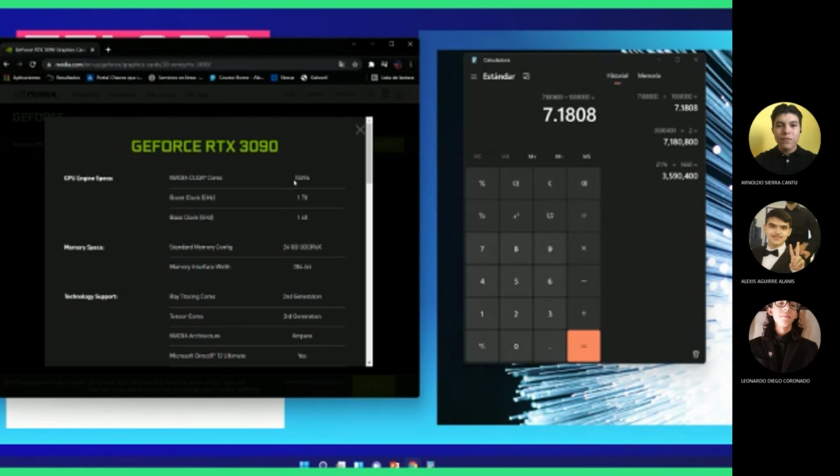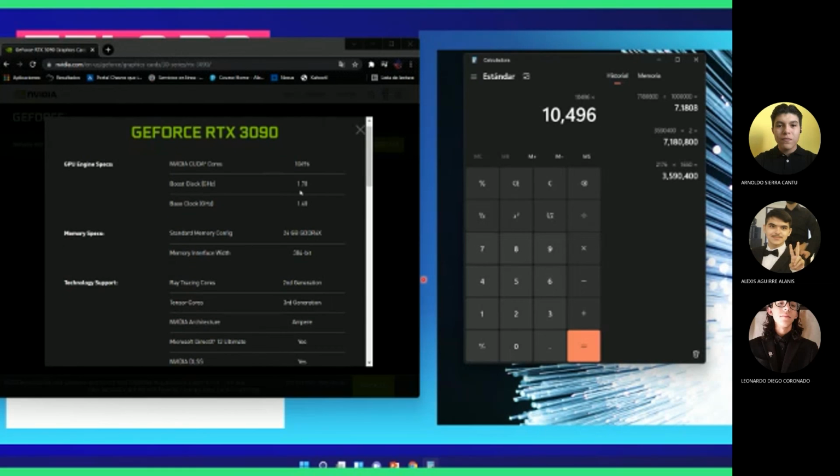Beautiful specs. 10,000 cores, 1,700 times 2, and this divided by a million.